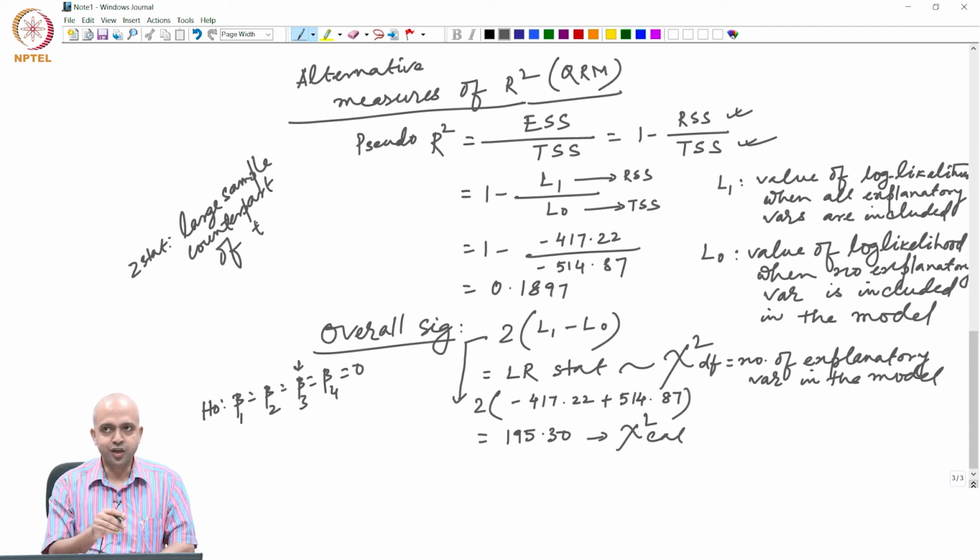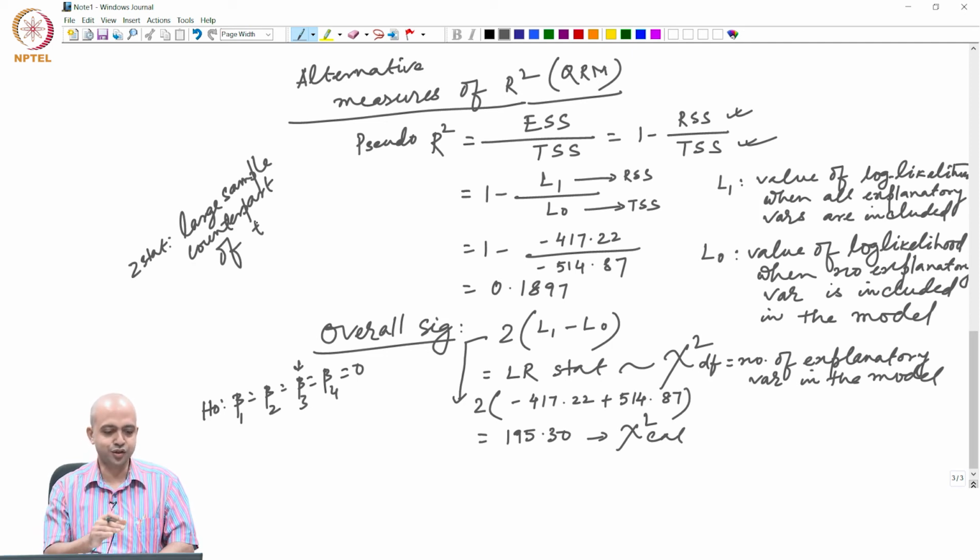As I told you earlier, in the context of qualitative response models, in the Logit model the estimation technique is MLE, maximum likelihood estimation, which requires a large sample, because only in a large sample do these desirable properties hold: estimates are asymptotically efficient, consistent and efficient. That is why MLE requires a large sample, and the large sample counterpart of t is actually the Z statistic.